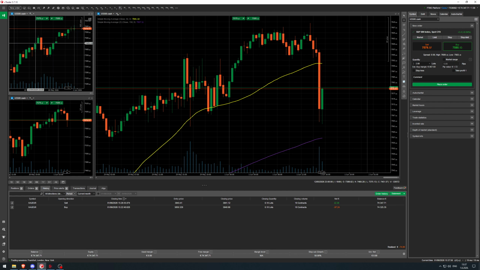Entered long, which is fine. You know, people tell you sometimes, when it breaks this high, then you have to enter. Bullshit. Wherever you enter, it's gonna go down or up or down or up. The only difference is how much it will go up or down before it turns.